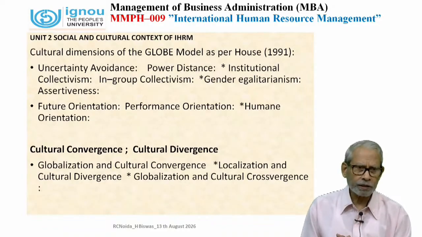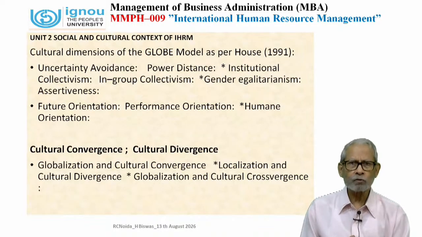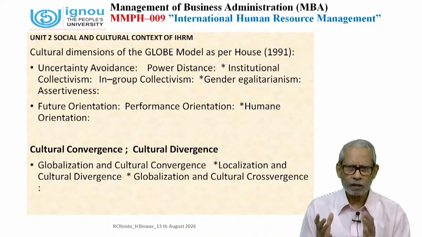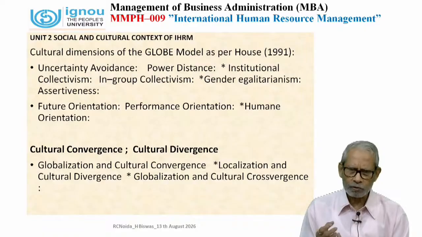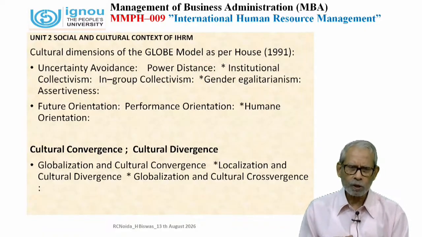Then uncertainty avoidance, how to avoid the uncertainty. For that, power distance, institutional collectivism and in-group collectivism, gender generalizations, all of these things are there. Through this you can overcome the situations.